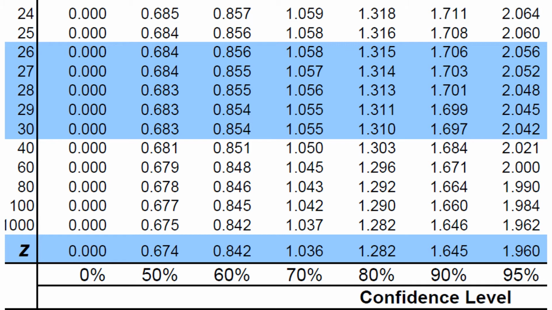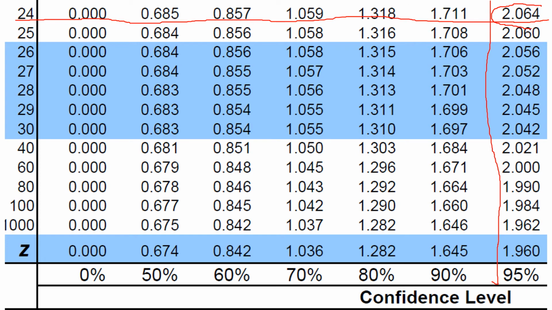If our level of significance is 0.05, the level of confidence will be 95%. So meaning to say, we have 24 as the degrees of freedom, and the level of confidence is 95. It goes to show that the critical value of t will be 2.064.